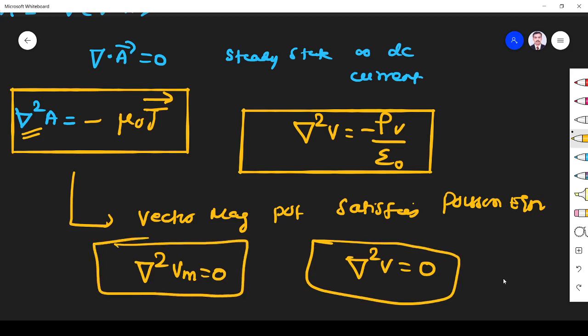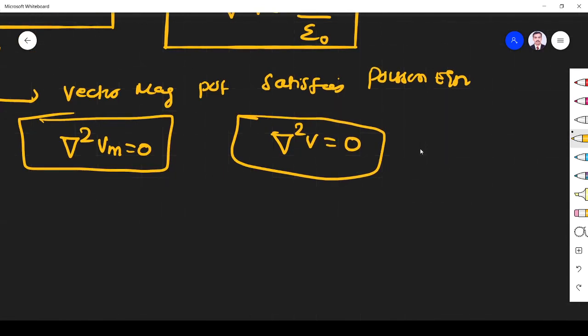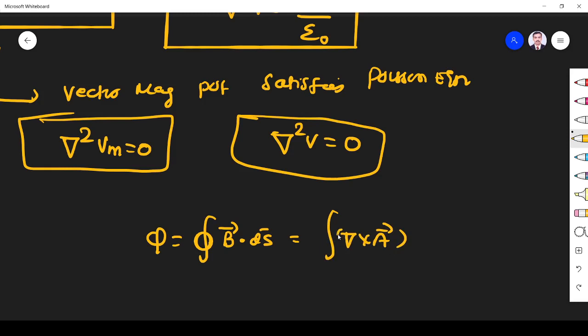Okay, so wonderful equation. Next thing we have to remember is, we know phi is equal to closed integral B dot ds. Electric flux, magnetic flux, I dealt here, right? So phi is equal to B dot ds. This is a surface integral. I want to write it in terms of line integral. I know B is equal to del cross A, so phi is closed integral of del cross A dot ds.